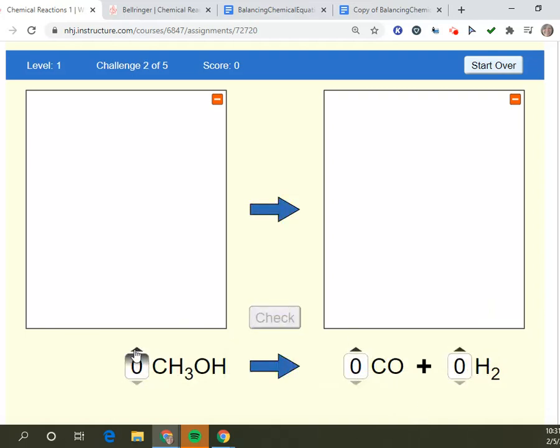Do another one just to redeem ourselves. All right, so they do take some thought. Okay, so we have 1 carbon. We have 1 carbon, 1, 1. Hydrogen, we have 1 times 3 plus 1, that's 4. We need more. 2 times 2 is 4, now we have 4. 1 times 1 oxygen.